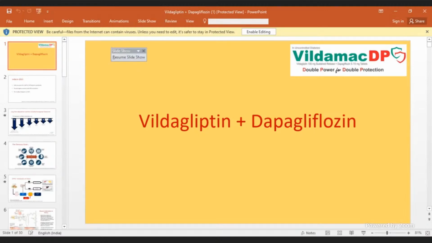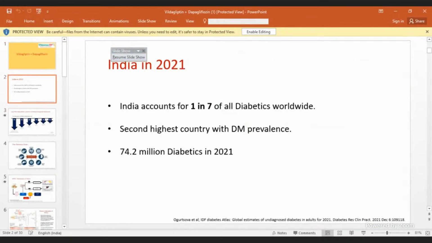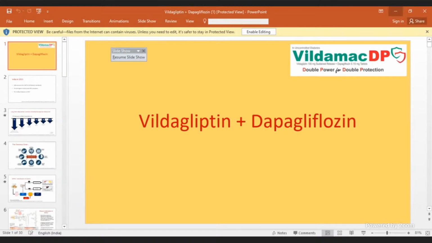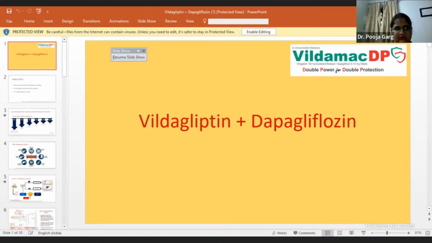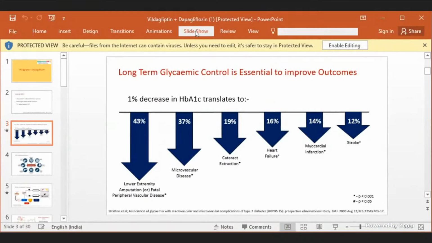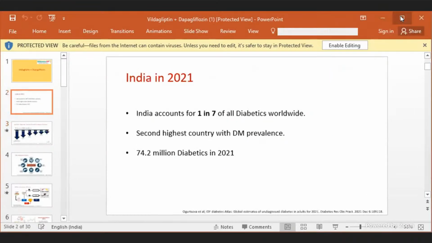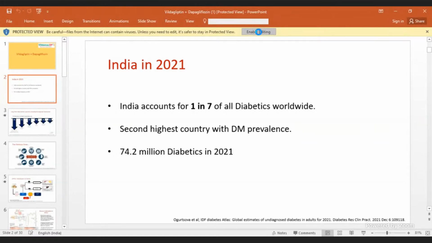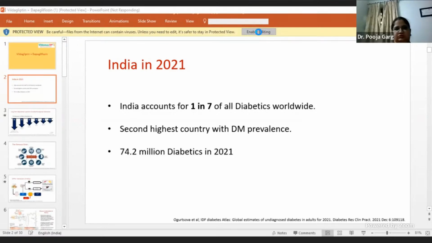Protected view, be careful, files from the internet. I'm unable to go on that. I don't know why my cursor is not working. Is it fine now? Ma'am, your screen is not visible.